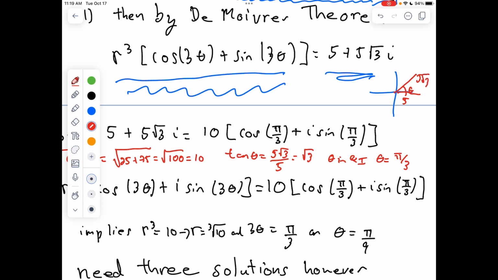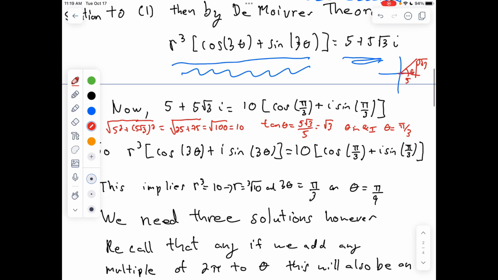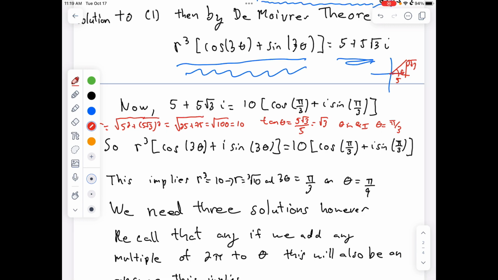So the tangent of the angle is root 3, and it's in quadrant 1 because both 5 and 5 root 3 are positive. It's very important that you know which quadrant you're in. So I'm asking which angle in the first quadrant has a tangent of root 3. Well, that's got to be pi over 3, so it's a matter of looking at your unit circle.